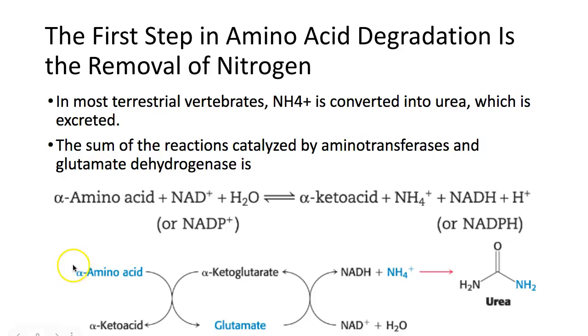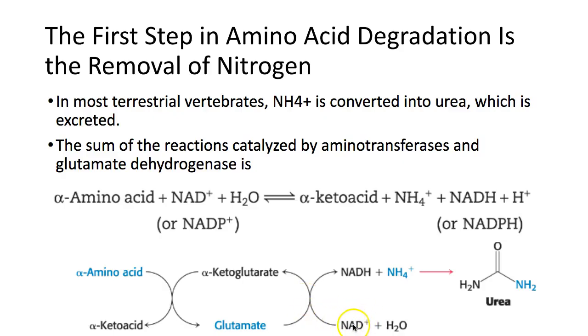And so just in general, looking at this cycle, you have an alpha amino acid and you have an alpha-ketoglutarate that react with each other via the aminotransferase, producing that glutamate and more alpha-keto acids. And then from there, the glutamate goes through the enzyme glutamate dehydrogenase.